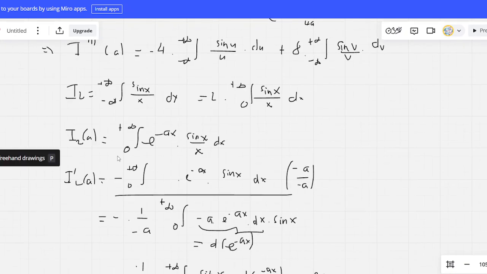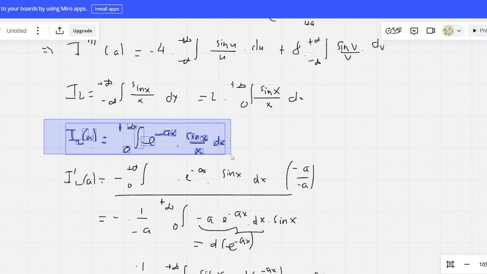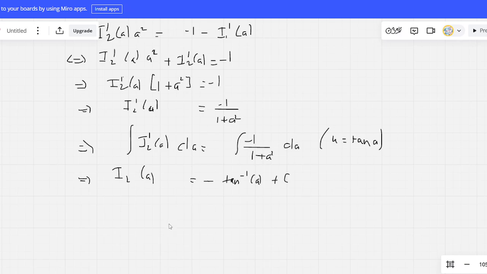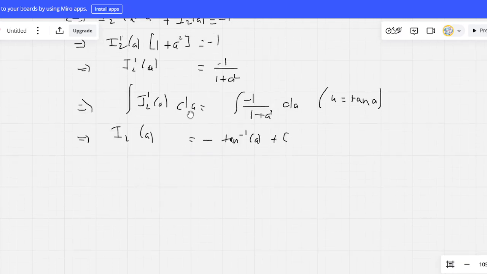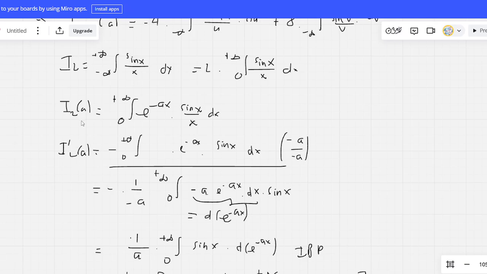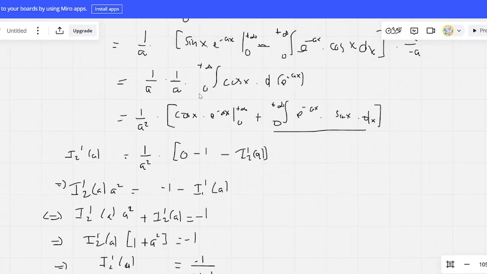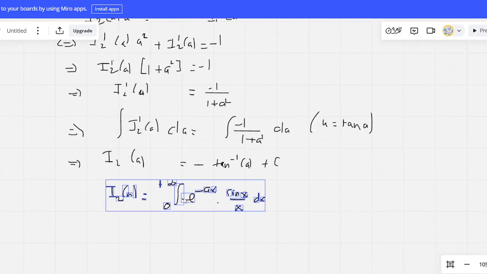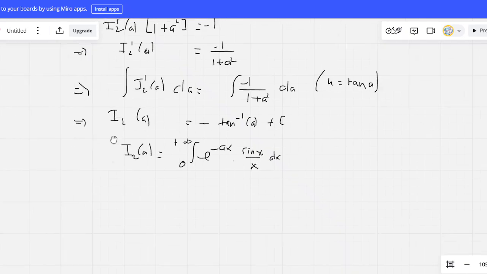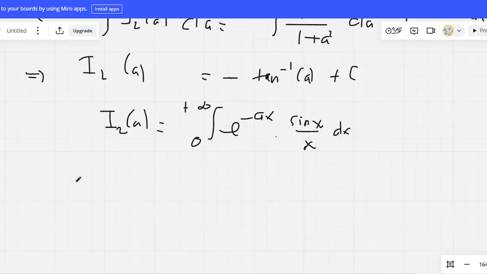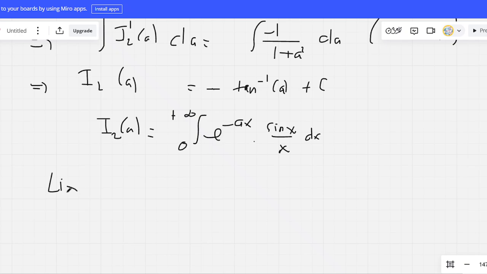And how can we determine this constant c? Well, let's bring back our original I sub 2 here. This is the I sub 2 we are trying to find, as you can see here. So now let's take the limit as a approaches positive infinity of I sub 2.